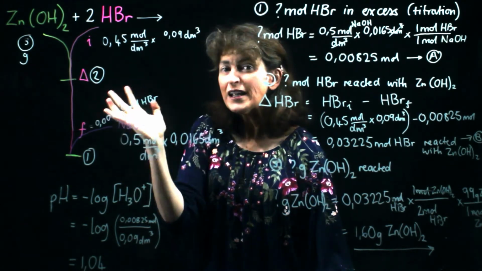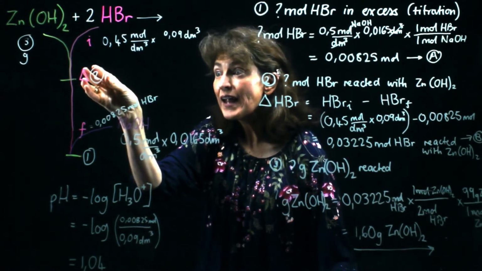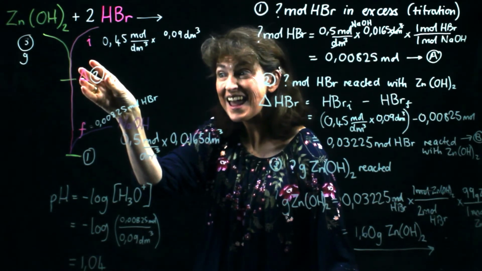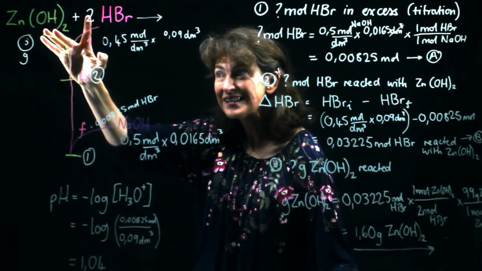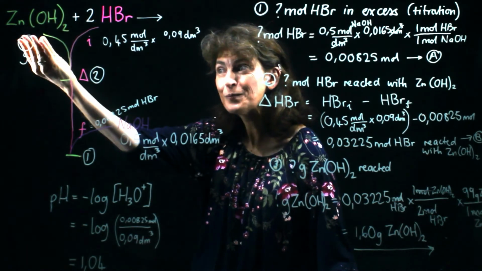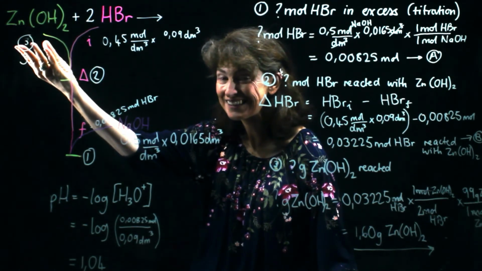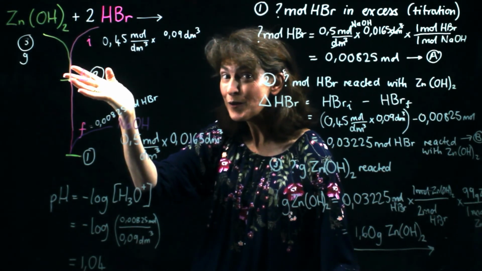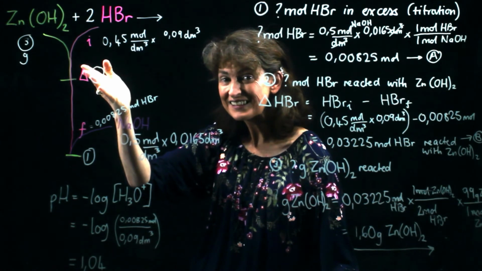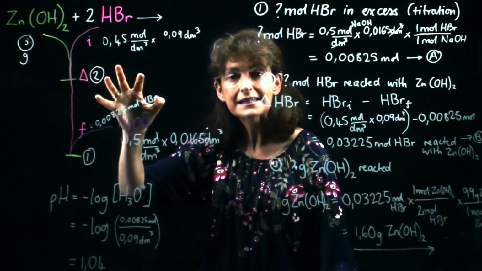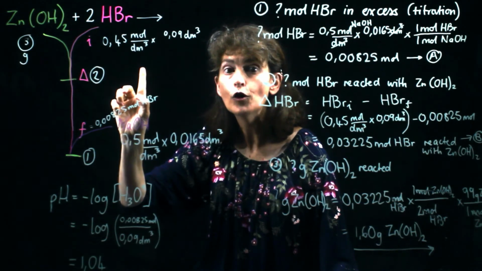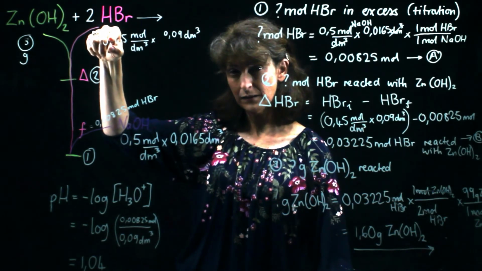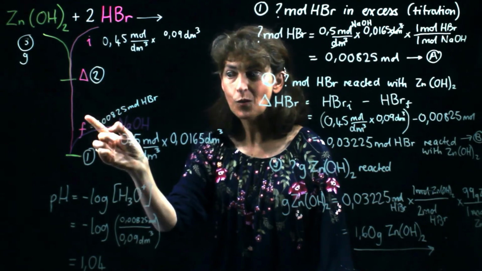Well, if we could know how much of that acid reacted, then we could deduce, using the balanced equation, how much of the base must have reacted with it. So how do we work out how much of it reacted? Because the acid is in excess, we need to know how much there was at the beginning and how much there was at the end.